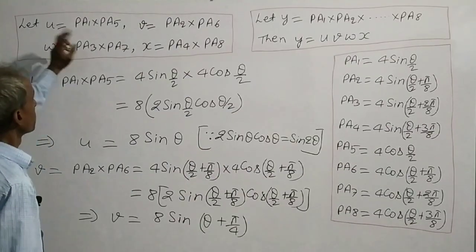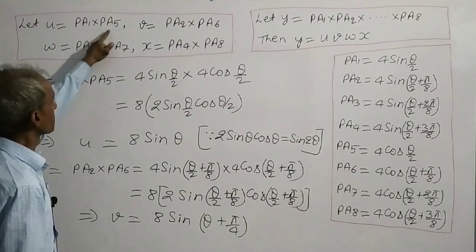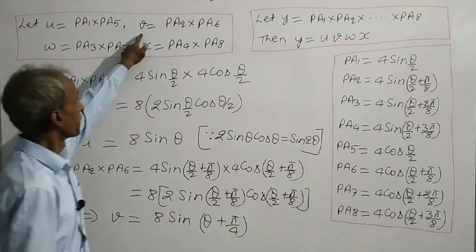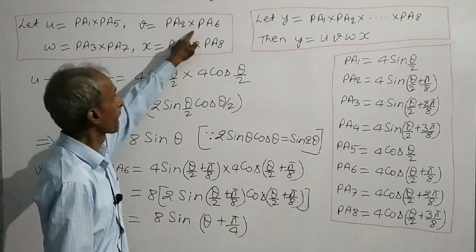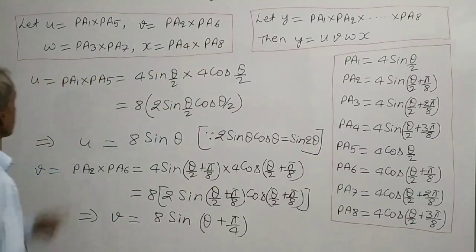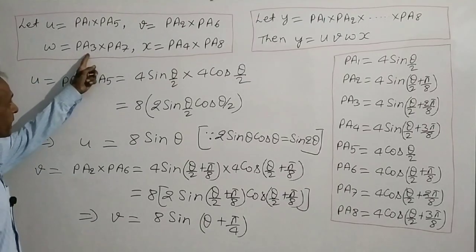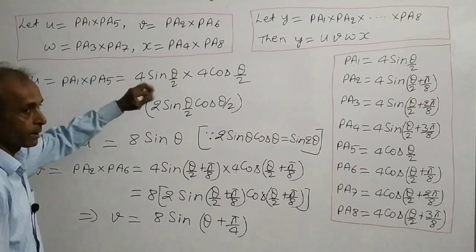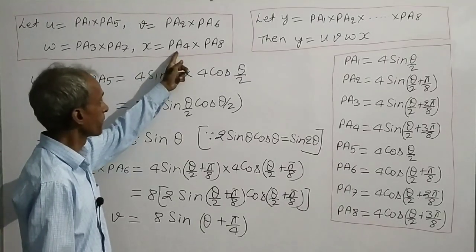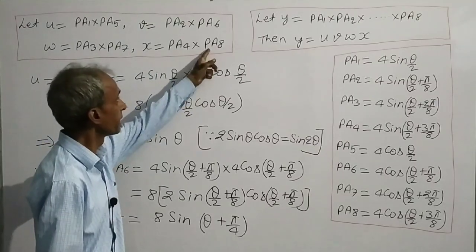Let U be equal to PA1 times PA5, V is equal to PA2 times PA6, W is equal to PA3 times PA7, and X is equal to PA4 times PA8.